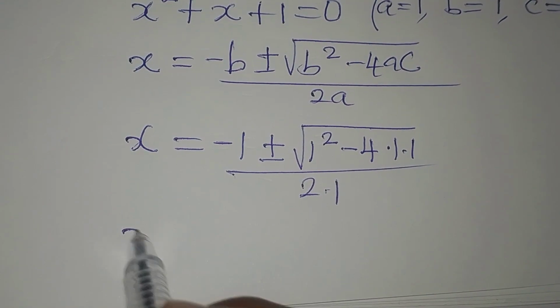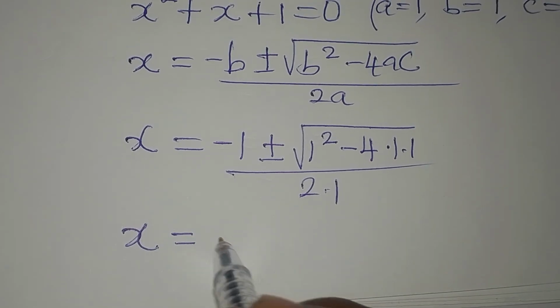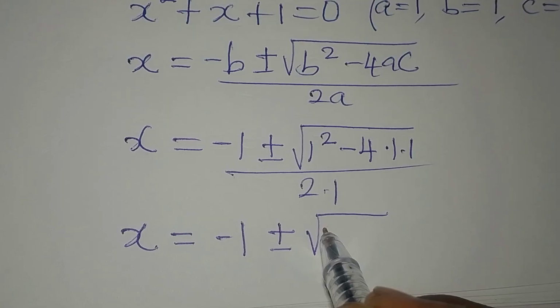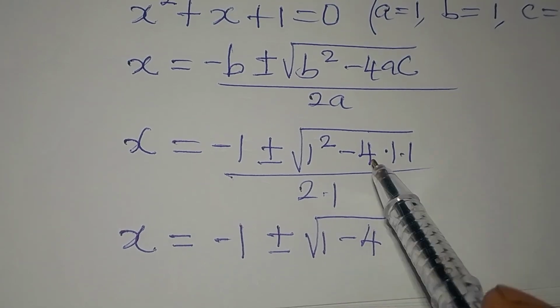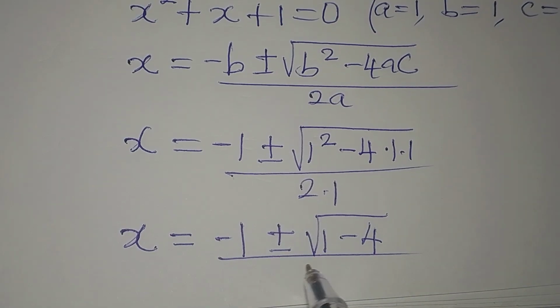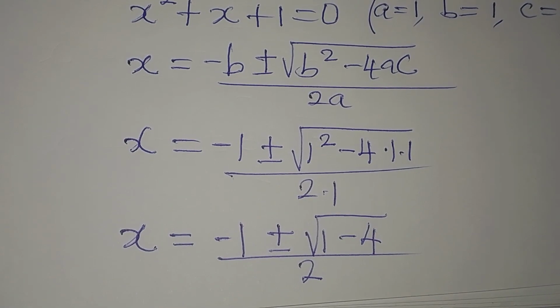If we take a step, then our x will be minus 1 plus or minus square root of 1 minus 4, because 4 times 1 times 1 is 4. Everything is over 2 times 1, which is equal to 2. Now let us continue.